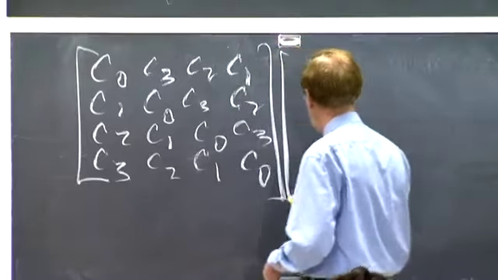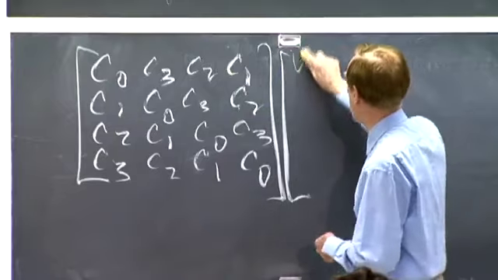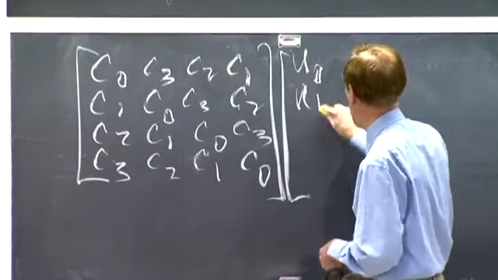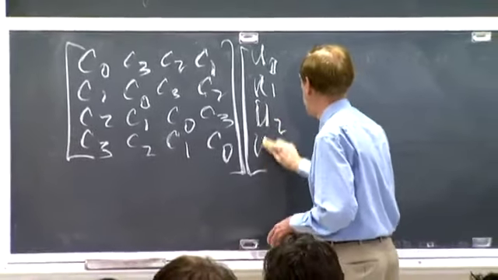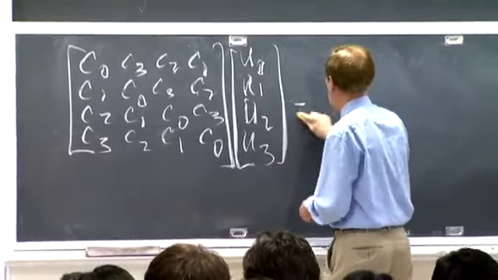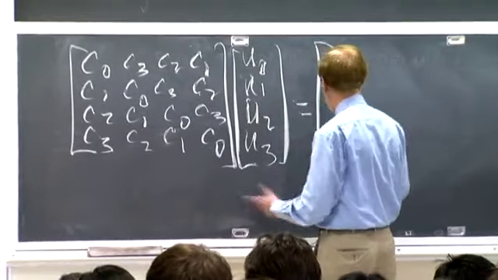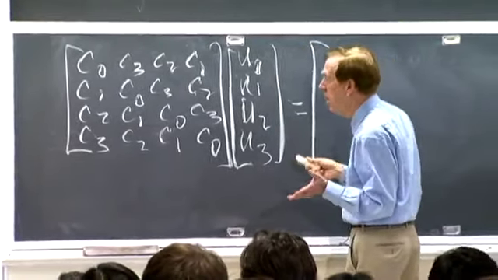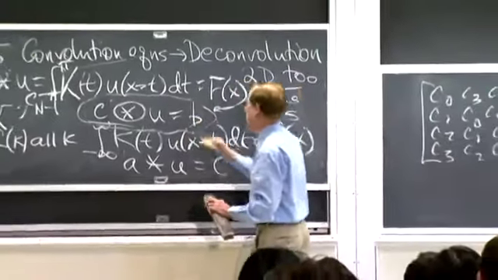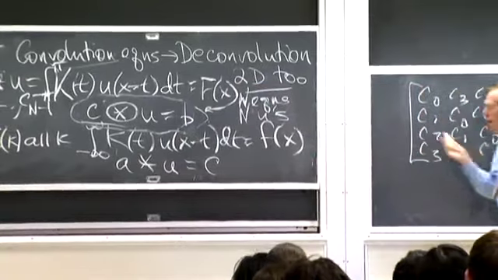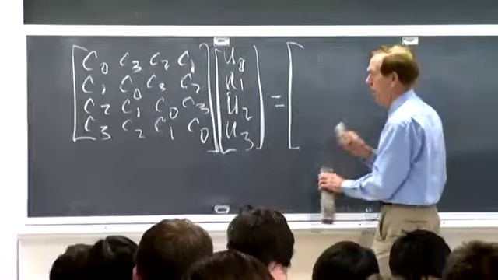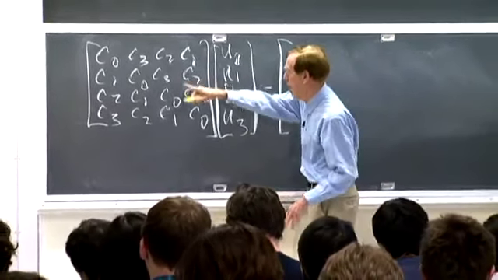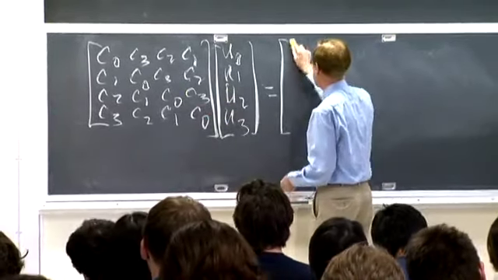So that when I do that multiplication with the unknown u0, u1, u2, and u3, I get the known right-hand side. Maybe B would be a little better, because we're more used to B as a known. It's just an AX equal B problem, or an AU equal B problem, but it looks like a convolution, and now it's just a matrix multiplication.